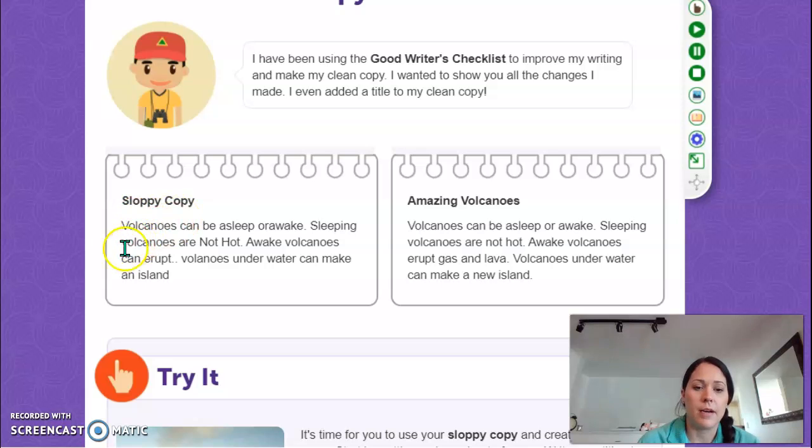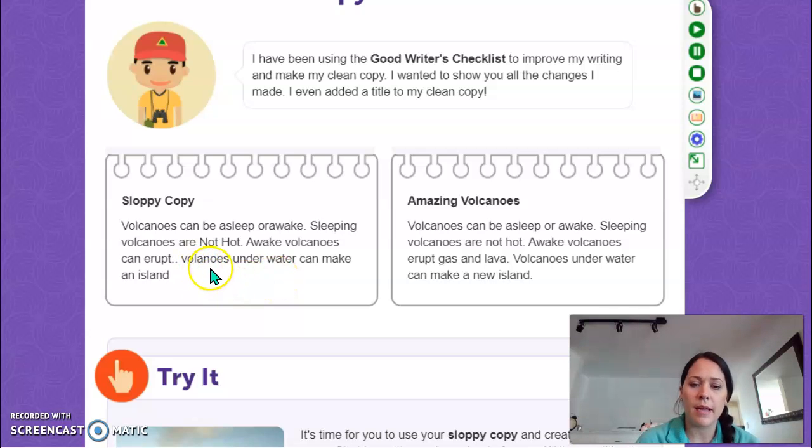So this is a sloppy copy. Volcanoes can be asleep or awake. Do you see right there where they have or awake squished together? We don't want our words squished together, so we would definitely want to fix that. Sleeping volcanoes are not hot.